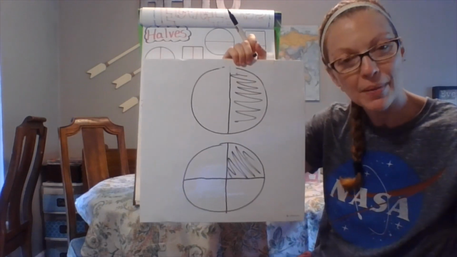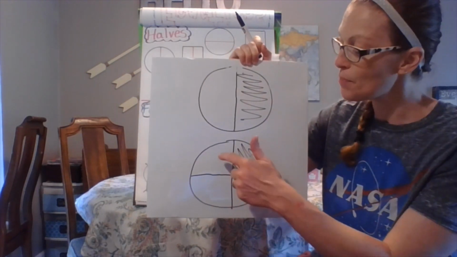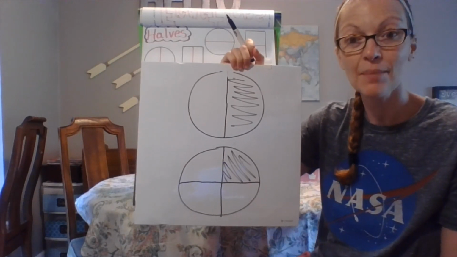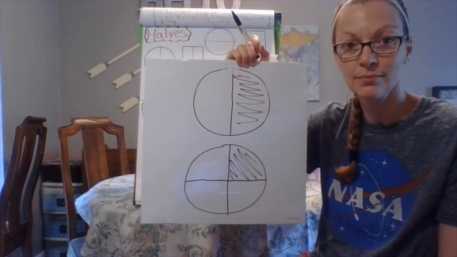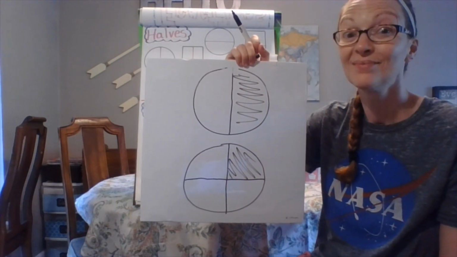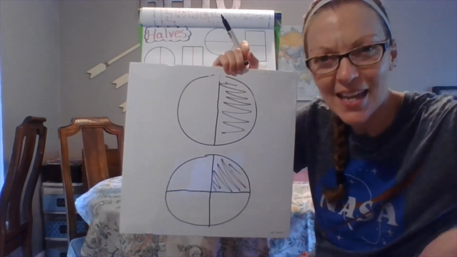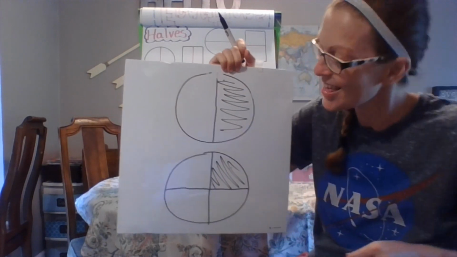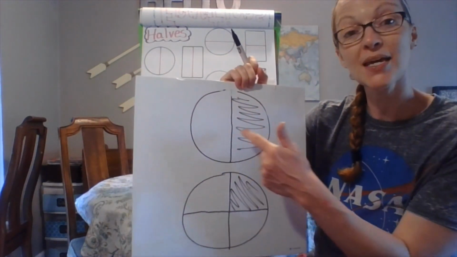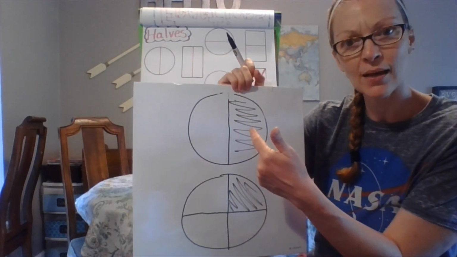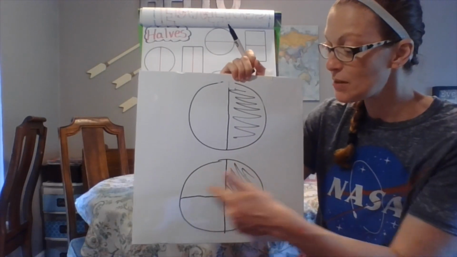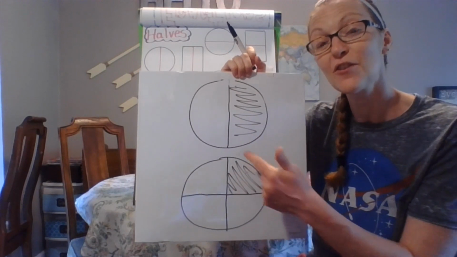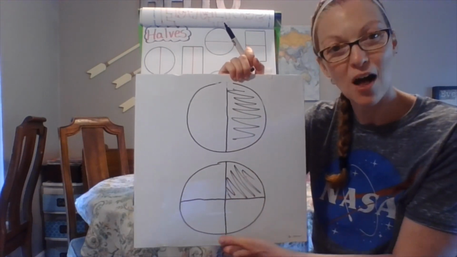So what happens if I break it up into more parts? What happens to the size of the parts? Who said that? Did you say they get smaller? I thought I heard you say that. Yeah, because this only has 2, so they're pretty big. Then if you divide them up into more, they only get smaller. So the more parts there are, the smaller it is.